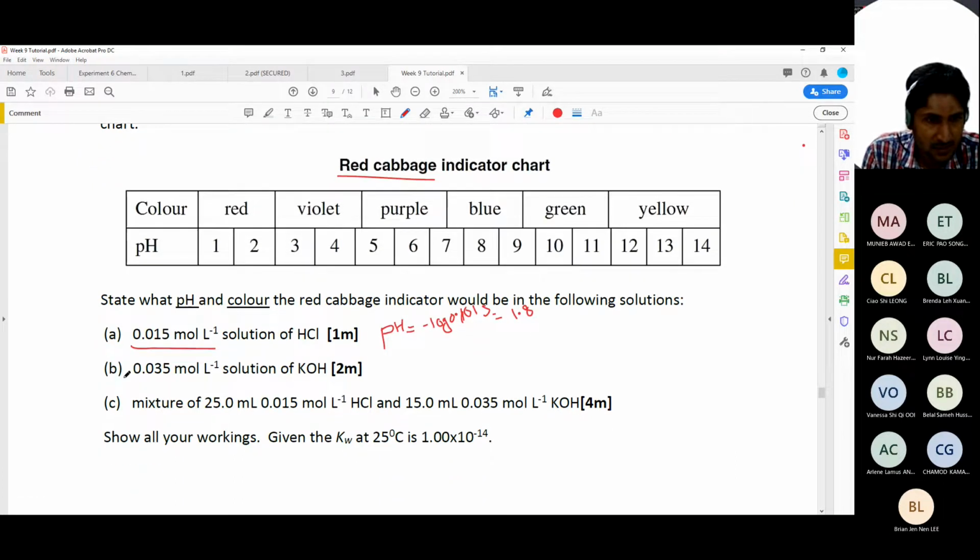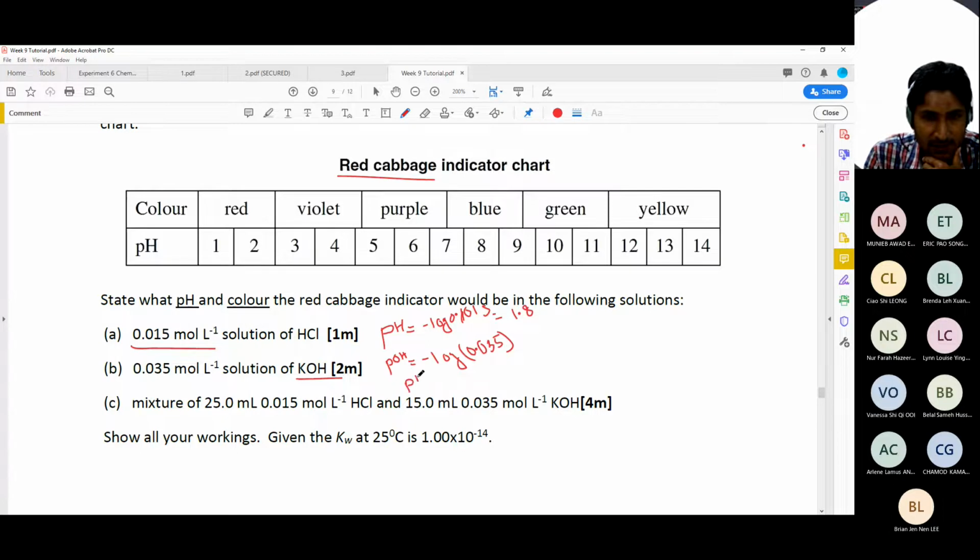If I have a 0.035 molar solution of potassium hydroxide, it is the same thing. Potassium hydroxide is a strong base, so it gives hydroxide. So you have to find the pOH from here, which is the negative log of this value, 0.035, right?